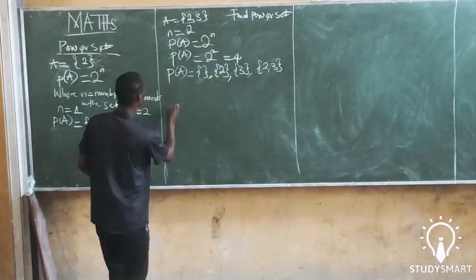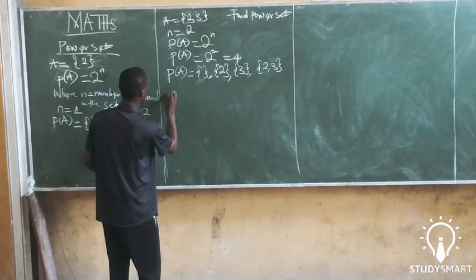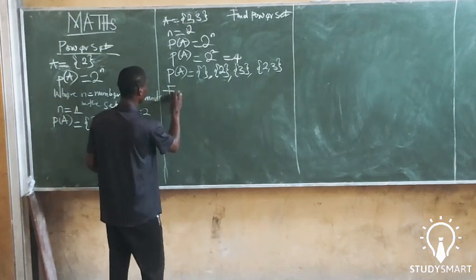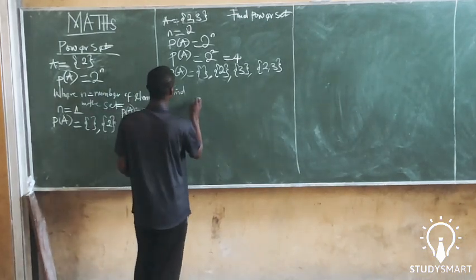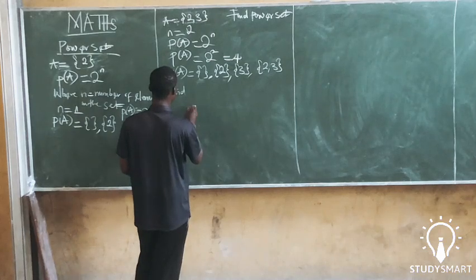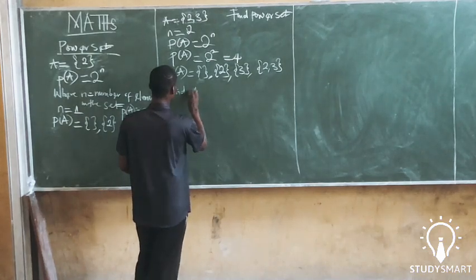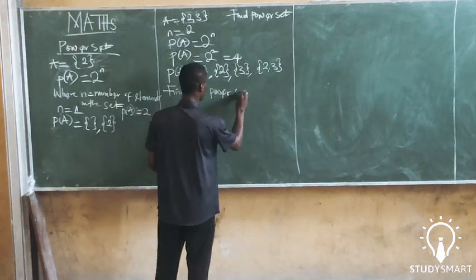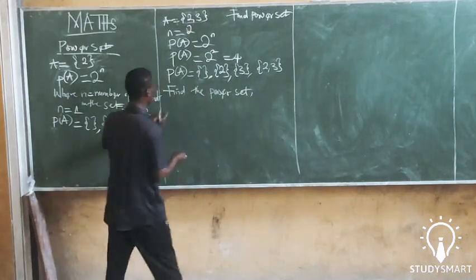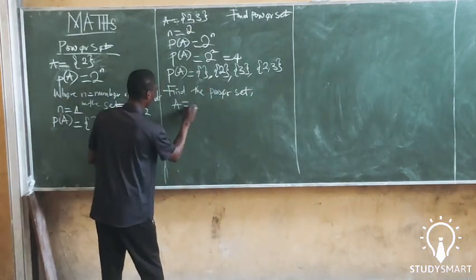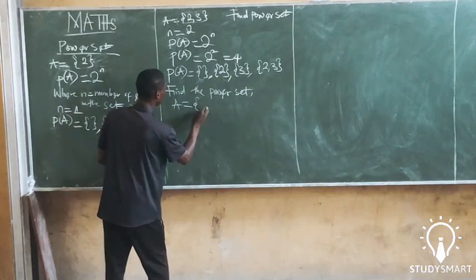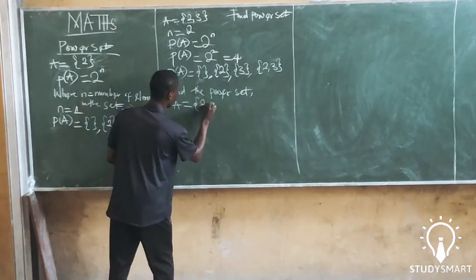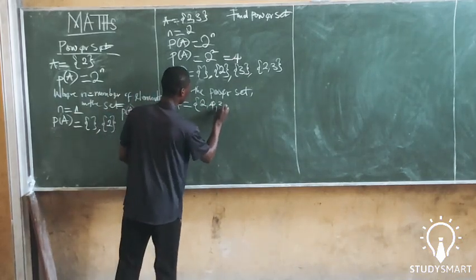What if we have, let's say, find the power set in this set. A equal to {2, 4, 5}.